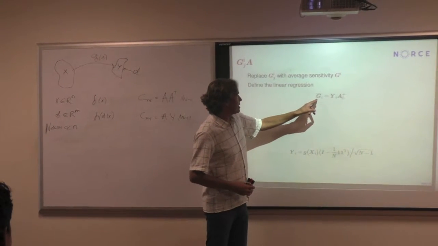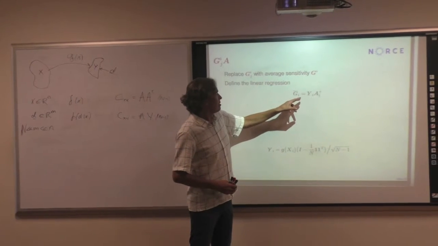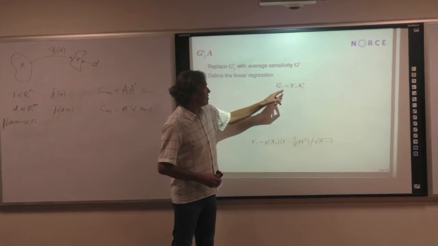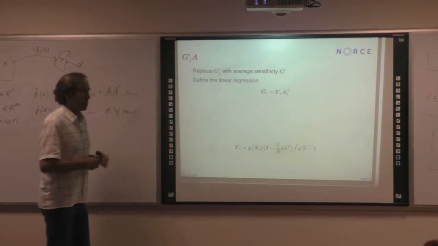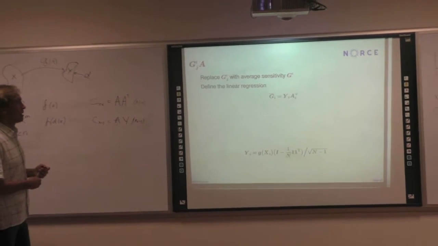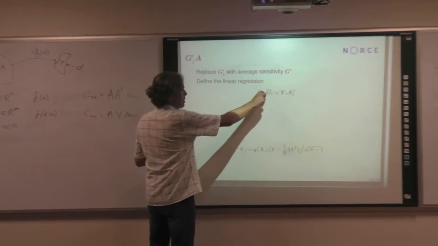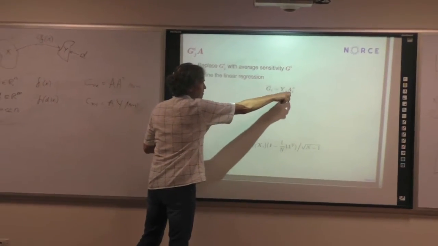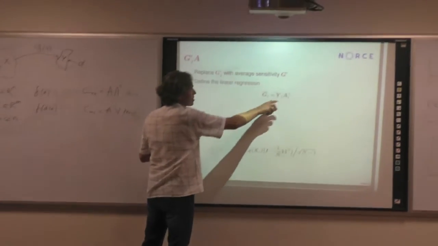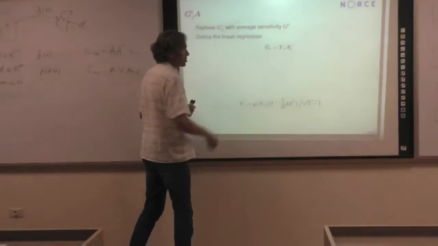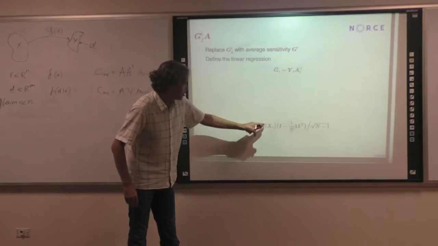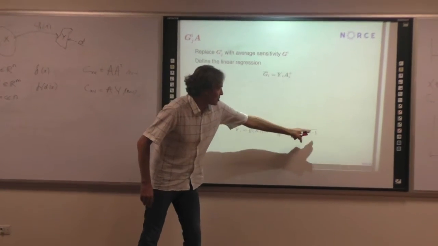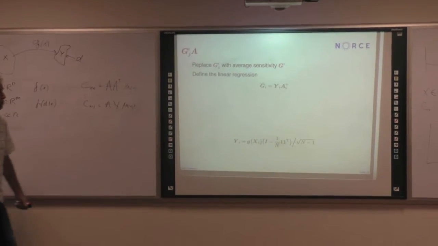So we relate G times A with Y. So this is a standard expression, and it's now written in the ensemble. So I have an ensemble of anomalies, and I have the ensemble of model predictions. So Y is just the integration of the model, subtraction of the mean, and division by square root of N minus 1.